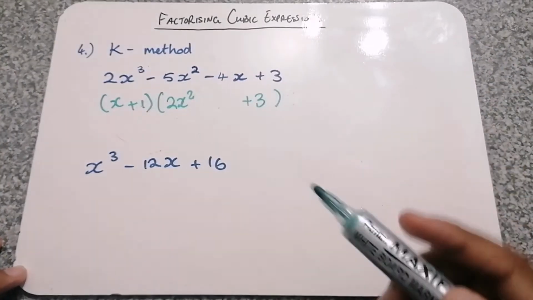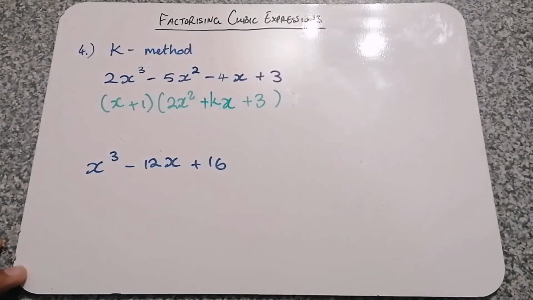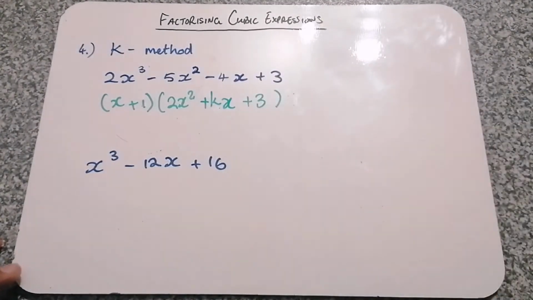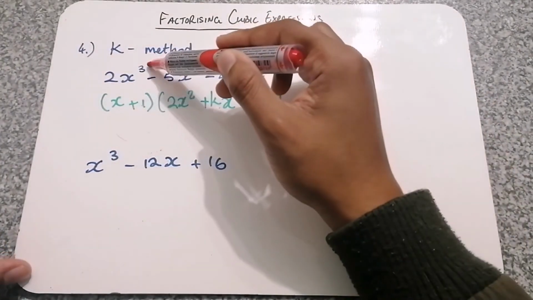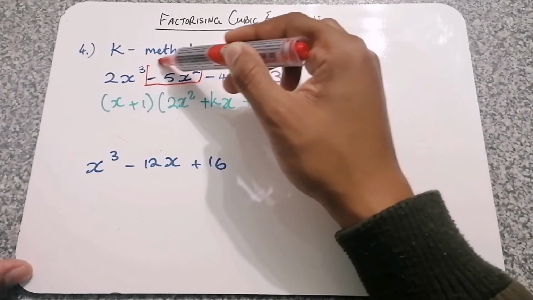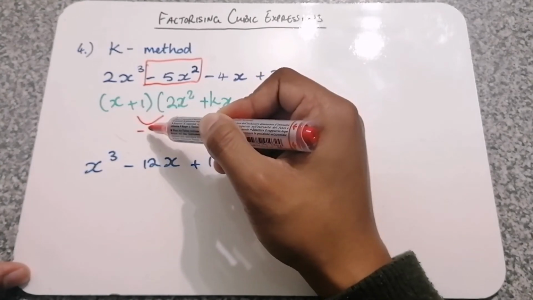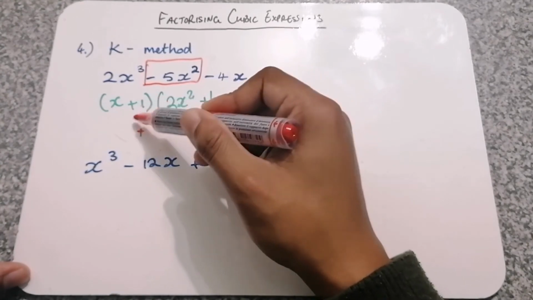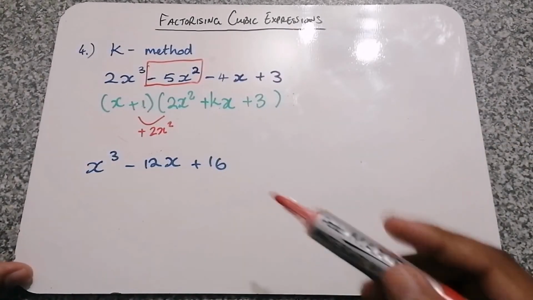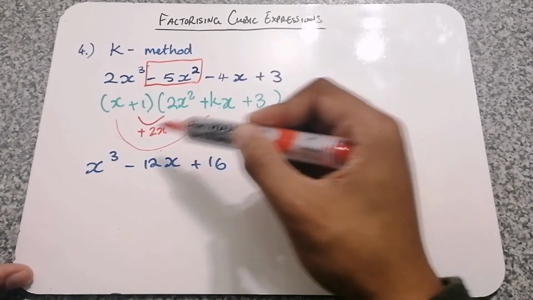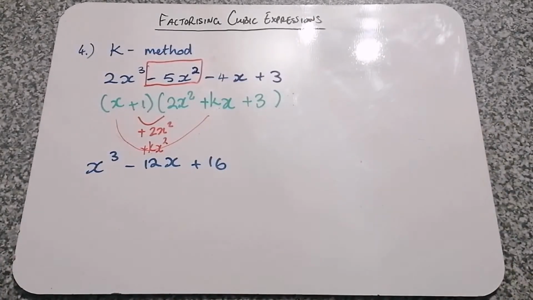Okay, so now to find the middle term, I'm going to call that k, or let's call it kx, because k is the coefficient of x. Now, to work out what k is, we are going to look at the 5x squared in the middle over here. So if you multiply this, +1 times 2x squared gives us +2x squared. And also if we multiply the x with the kx, that's a +kx squared.